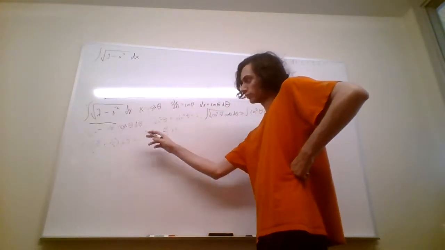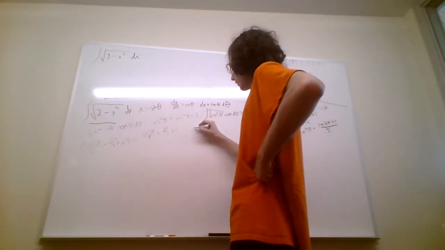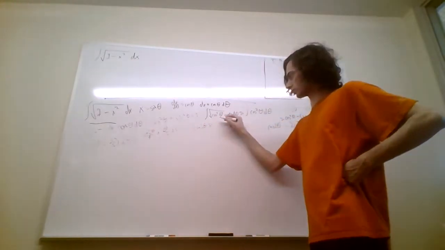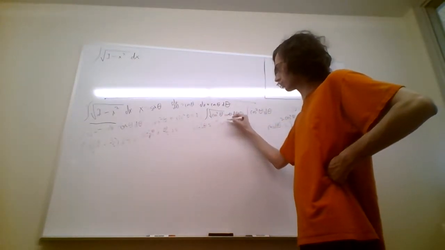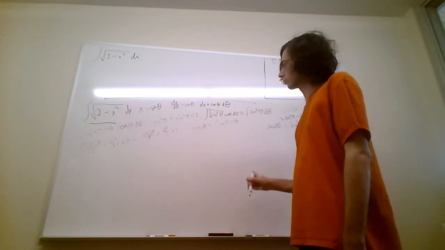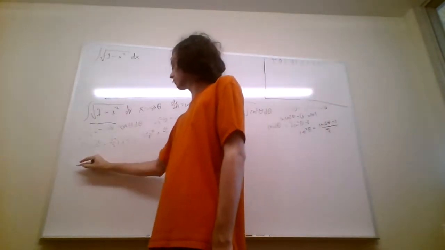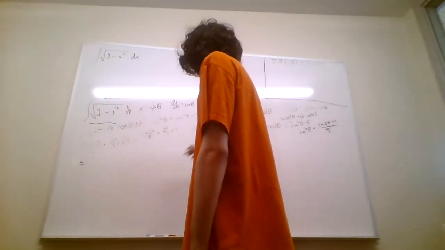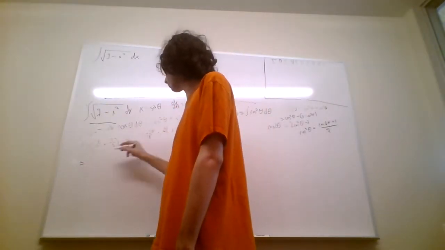Okay, there's another double angle identity we can use right here. We know that sine of 2 theta is equal to 2 cosine theta sine theta. So we're going to put that in there. So 2 cosine theta sine theta divided by 4 is just divided by 2.